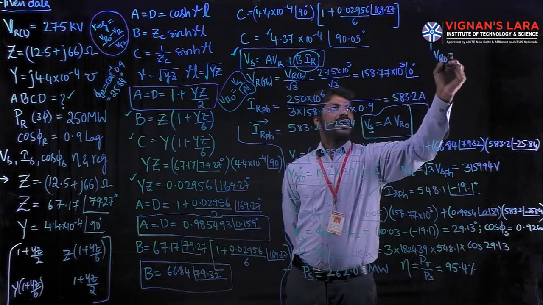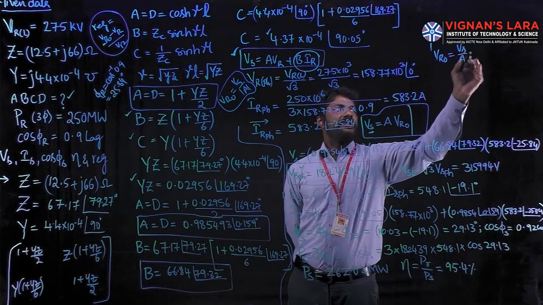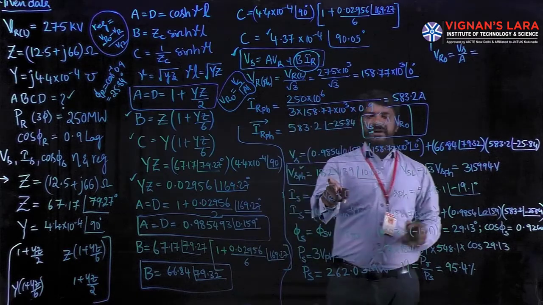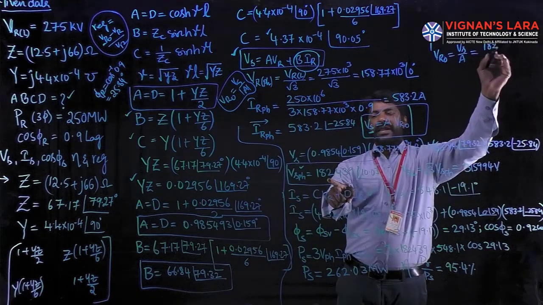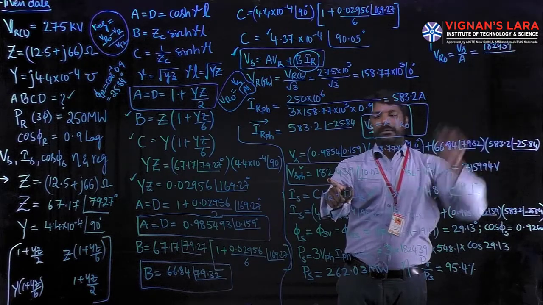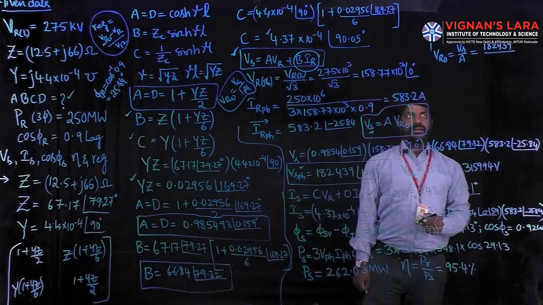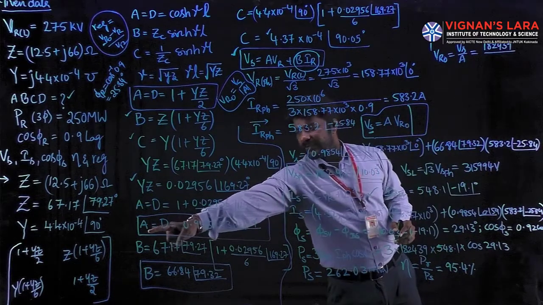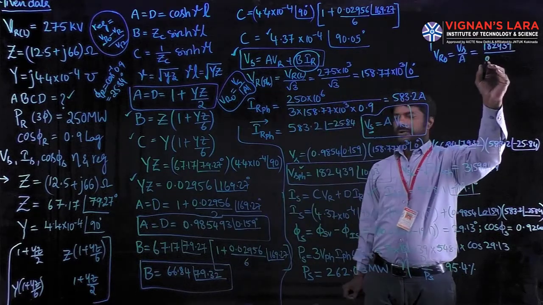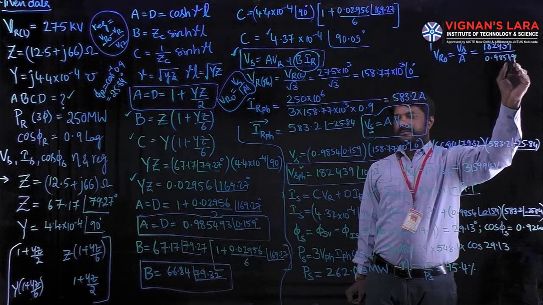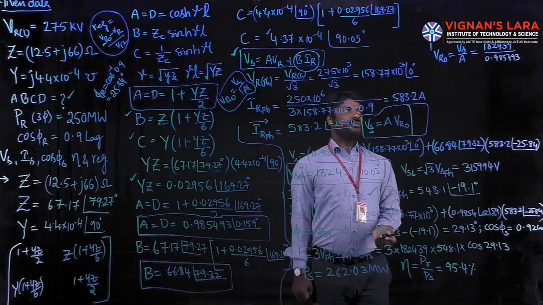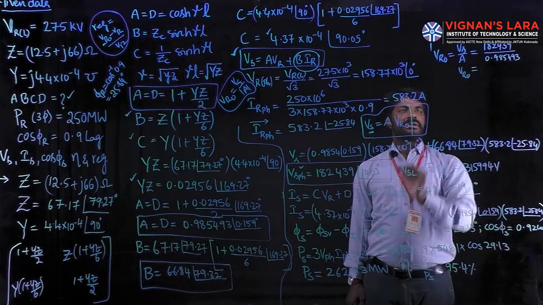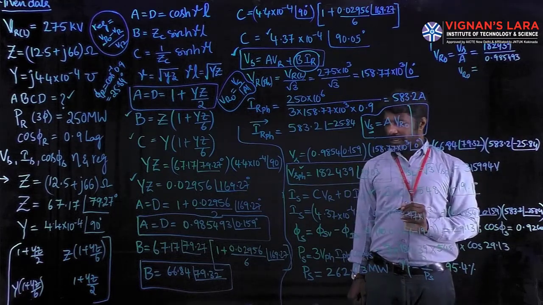As per the formula it should be Vs by A. The Vs value we already got in per phase is 182439, which is to be divided by constant A. Constant A is already found from the first step itself, whose value is 0.985493. Take the ratio of those two. What you will get is the voltage VR0, the receiving end side available voltage under no load condition.